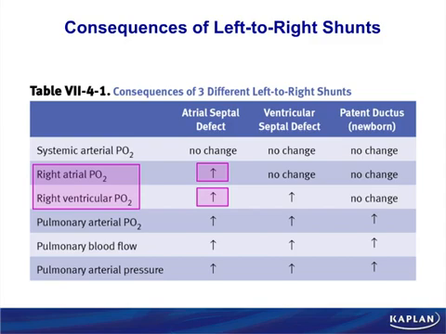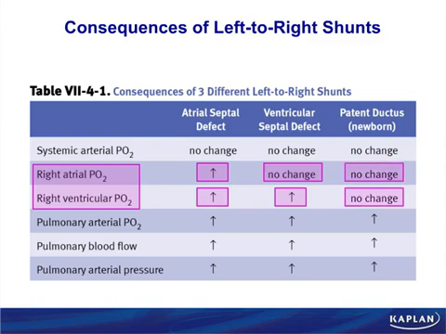And then they give you a right atrial PO2 much higher than 40. Normal is 40. And right ventricular is the same as right atrial. Then you know it's an atrial septal defect. If right atrial is still 40, no change, but right ventricular is elevated, then you know it's a ventricular septal defect. And if both are venous blood, then you know you have a patent ductus arteriosus.